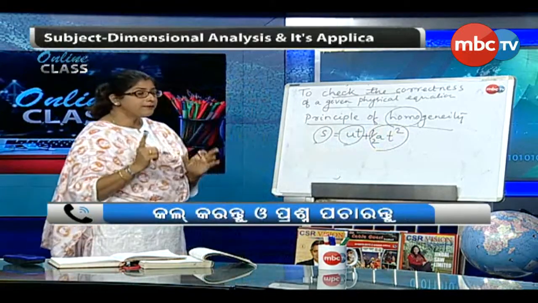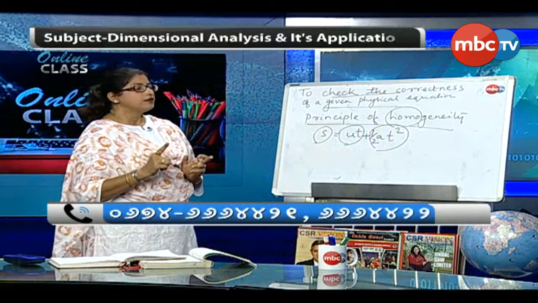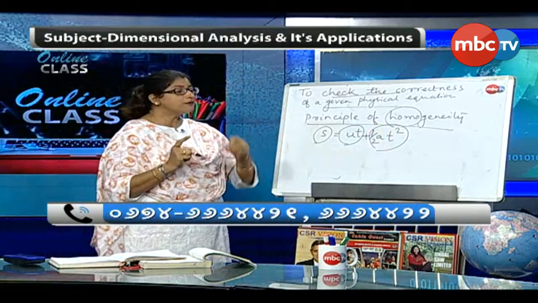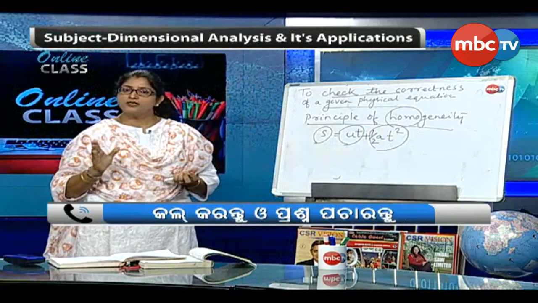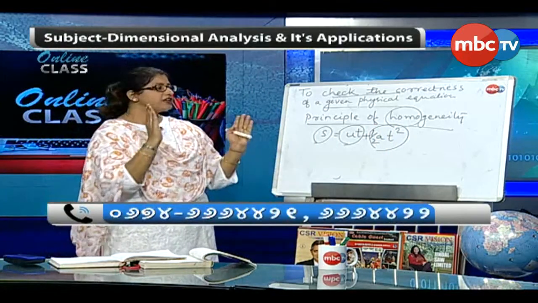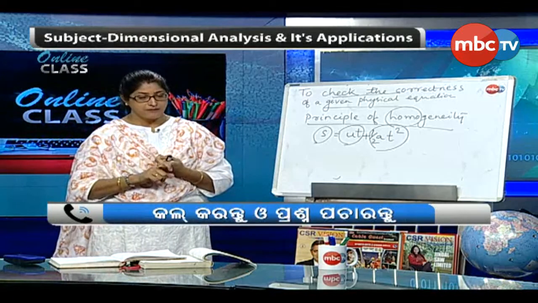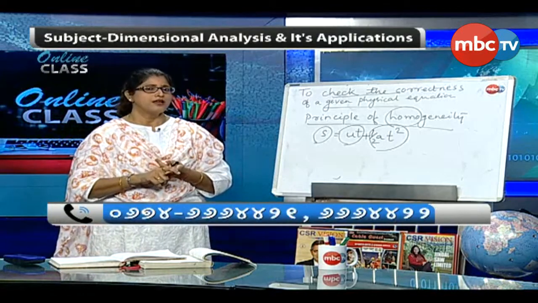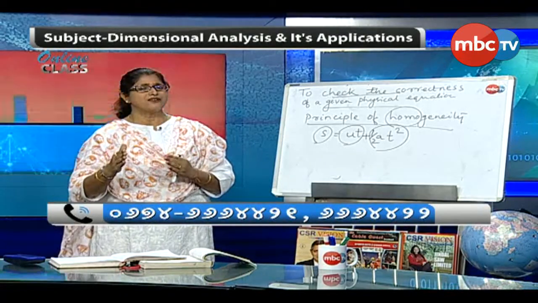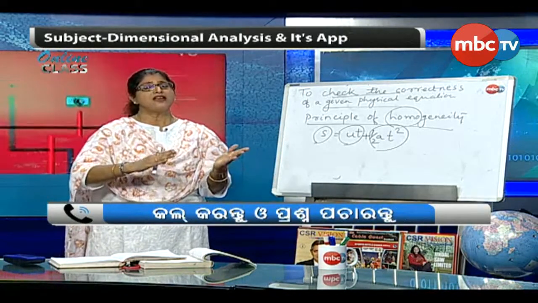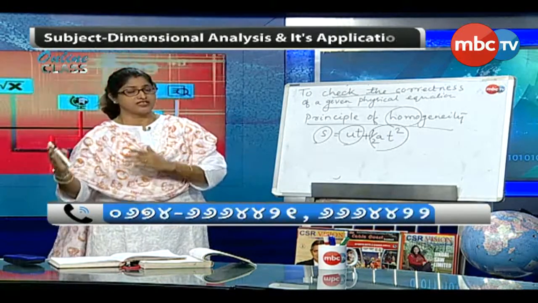Remember one thing, what is the meaning of this principle of homogeneity? According to this principle, the dimension of each term on both sides of the physical equation remains same. That means velocity can be added with velocity.